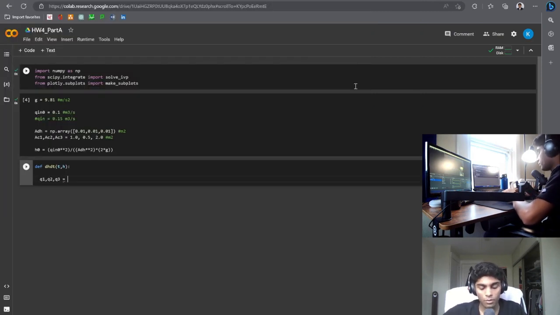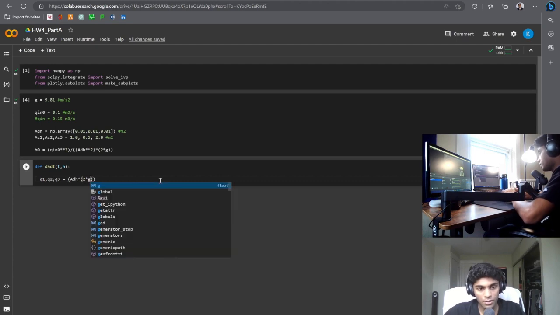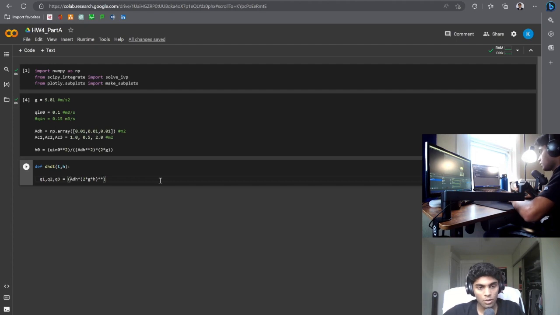So we'll go area of the drainage hole times 2 times G times H, all to the 1/2 power or square rooted.